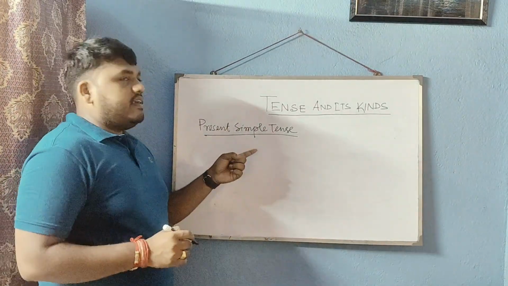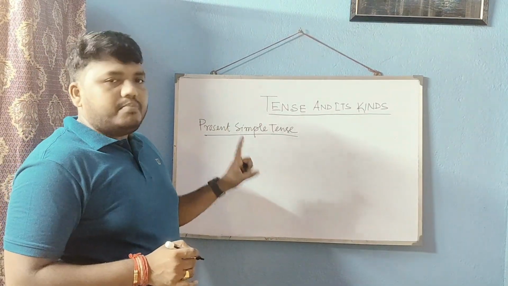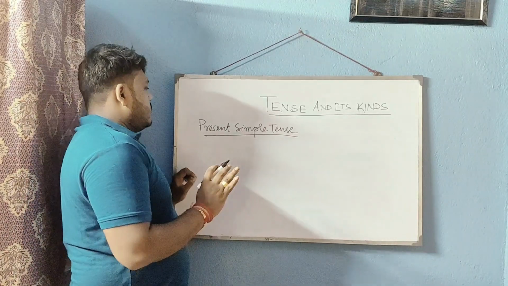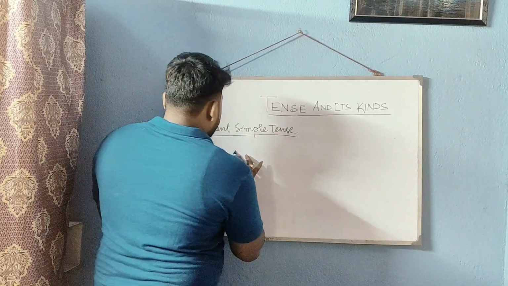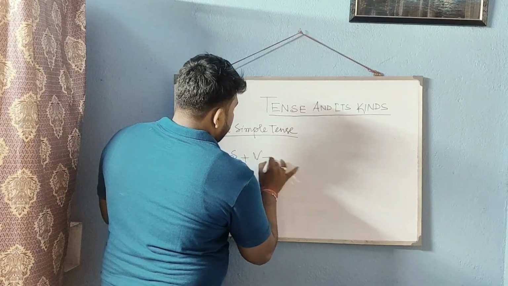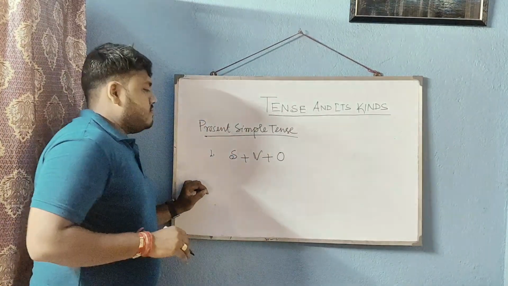An action that takes place in the present time is called present simple tense. The form of present simple tense is subject, verb, and object.